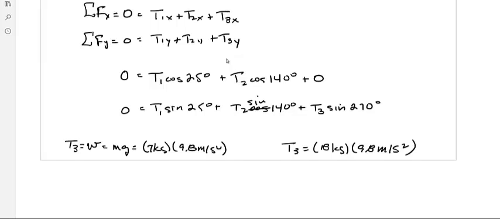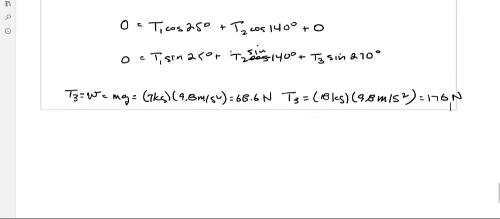Okay, 7 times 9.8, 68.6 newtons. 18 times 9.8, 176 newtons. So those are T3.